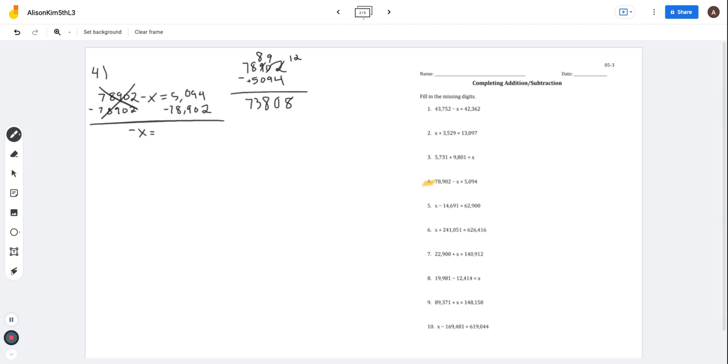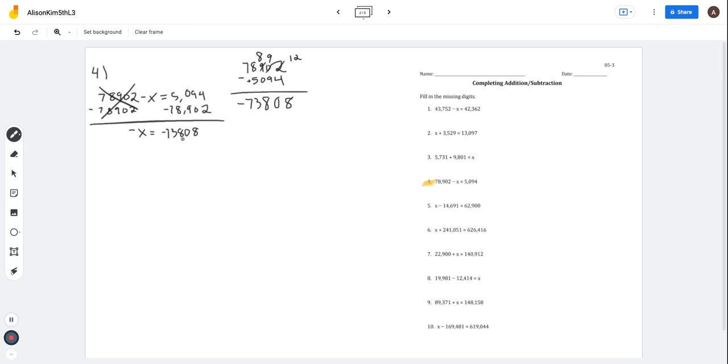And in this case, 78,902 is bigger, and 78,902 is the one with the negative sign. And so in this case, since 5,094 is less than 78,902, the sum will become a negative. So we just bring this down over here, and we become negative 73,808.